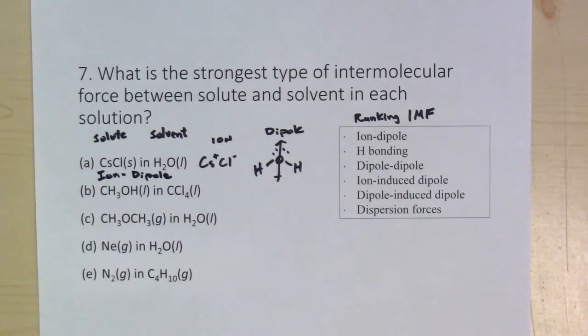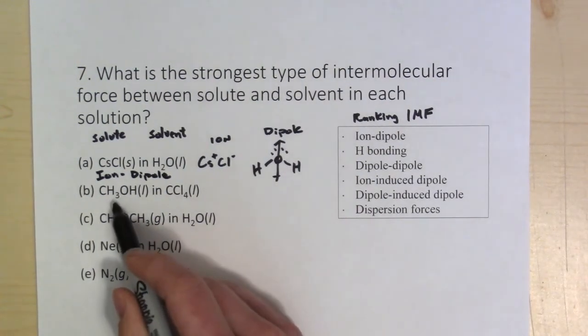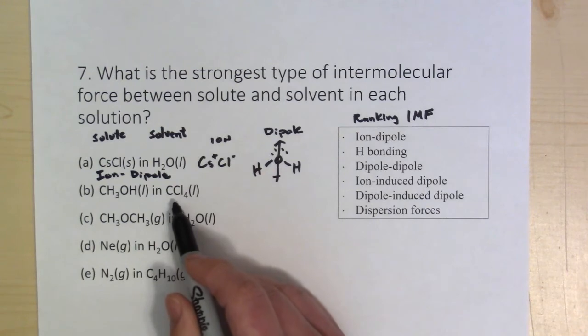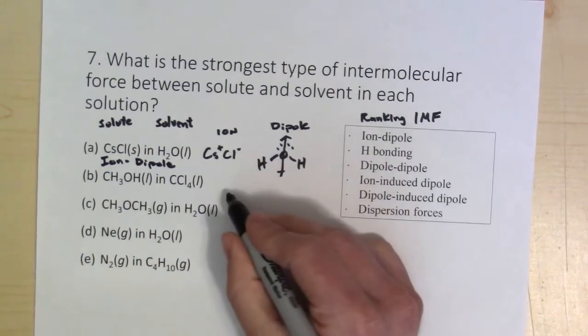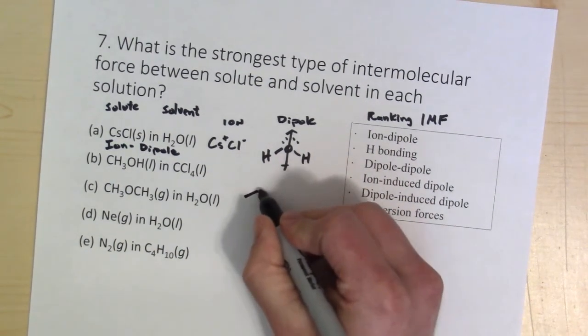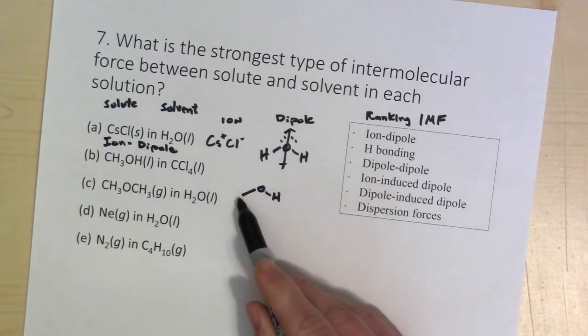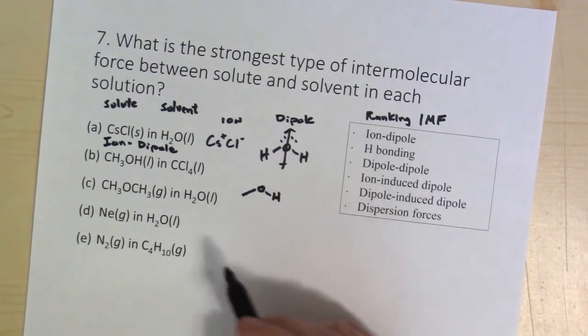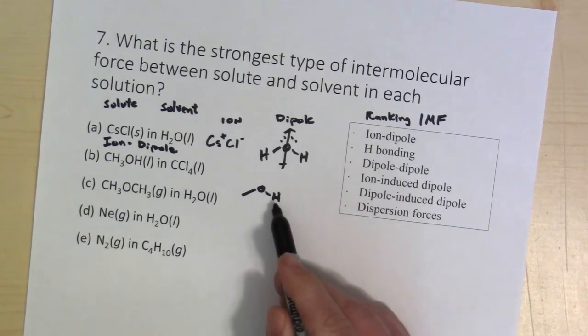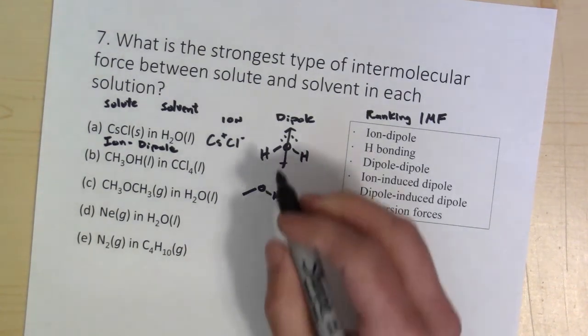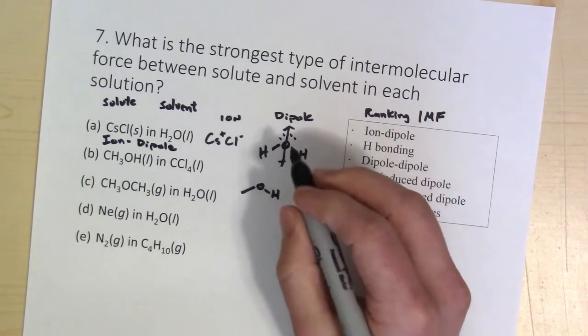Moving on to B, we have methanol and tetrachloromethane. So if we draw our methanol molecule, we have a CH3OH, so there is a potential for hydrogen bonding, but the molecule definitely has a dipole.